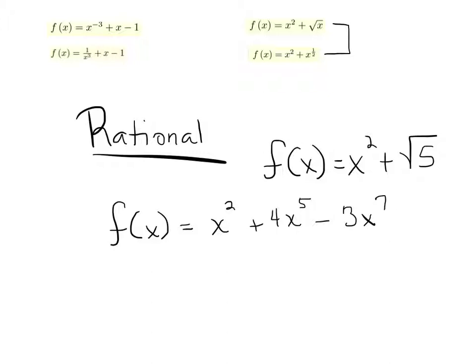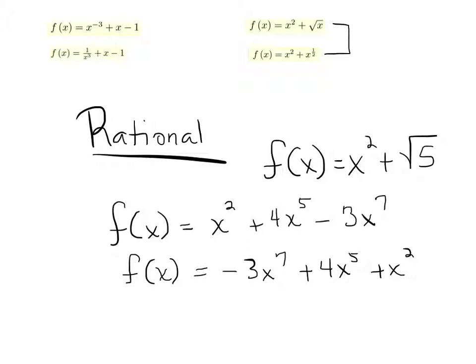In this case, the 7 is the highest degree, the 5 goes next, and the 2 goes afterward. So you're going to rewrite it as f of x equals negative 3x to the 7 plus 4x to the fifth power plus x squared. Now you have written the polynomial in standard notation.